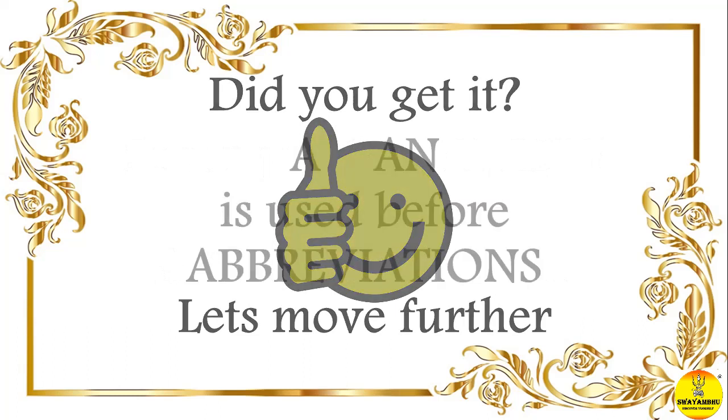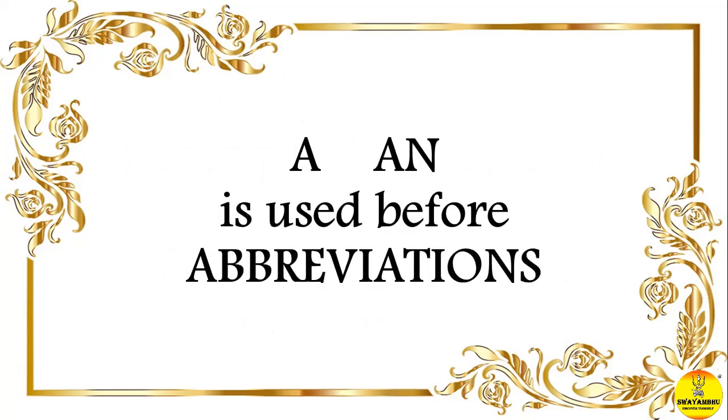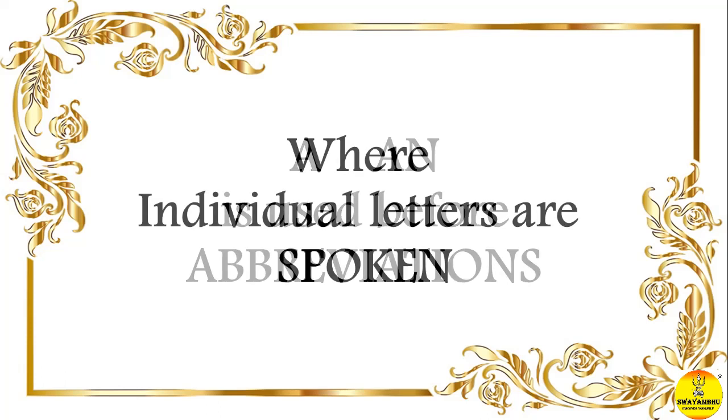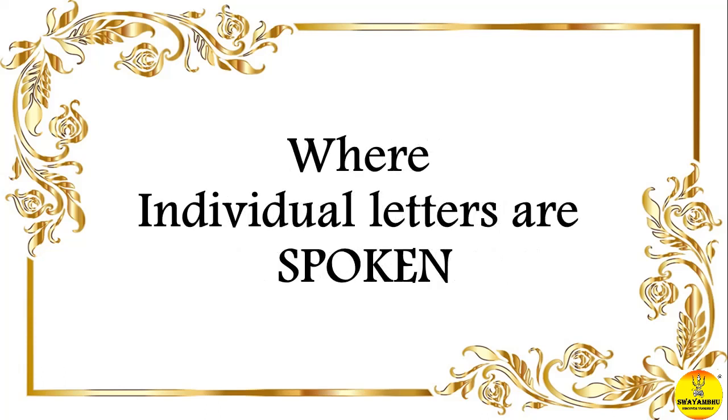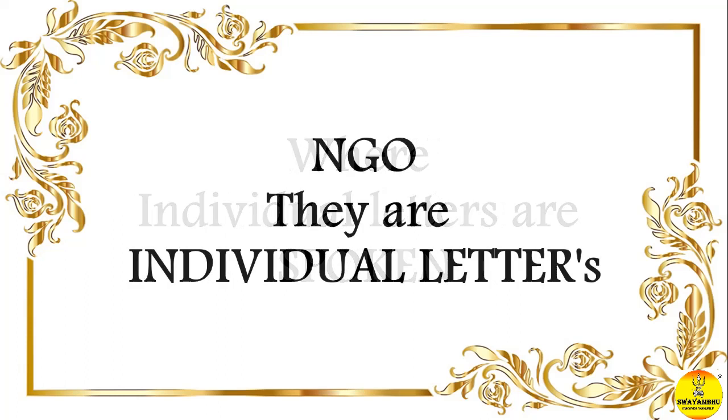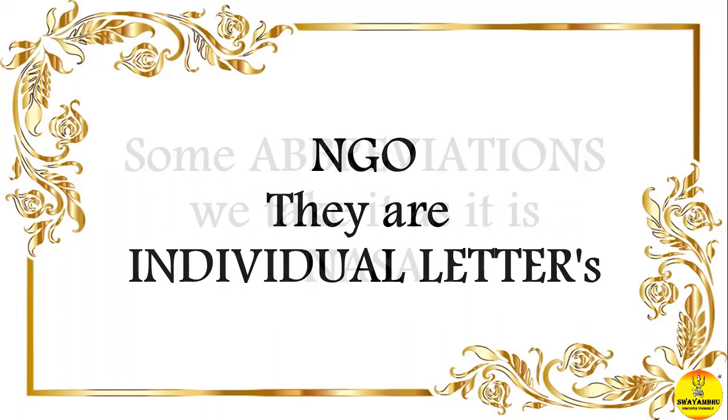Let's move further. An is used before abbreviations where individual letters are spoken. Now, what's an individual letter? When we talk about NGO, they are individual letters.